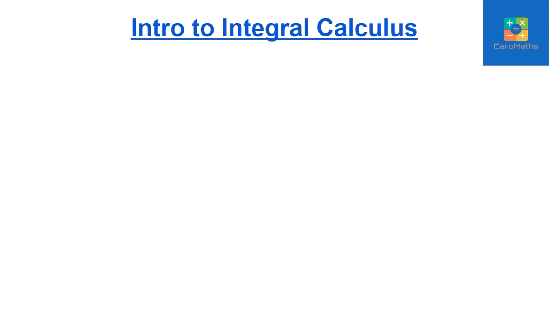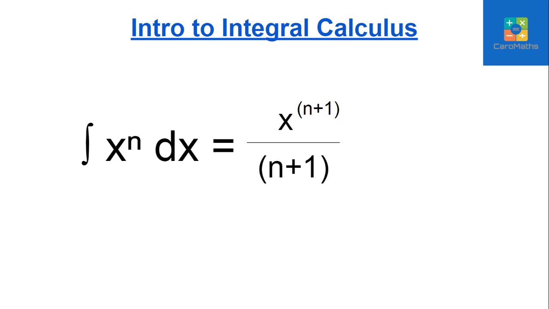Great, so now we know how to write it, but how do we actually solve this? Well, once you know the rules, it's not actually that tricky. So basically you've got the integration of x to the power n dx, then that's equal to x to the power n plus 1 all divided by n plus 1, and then you need to add a constant.